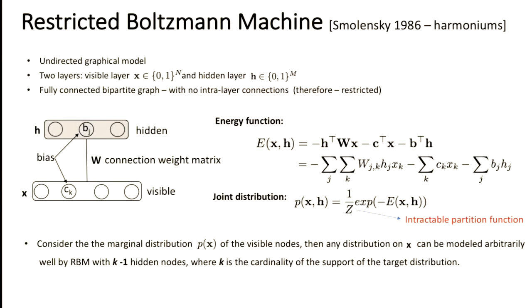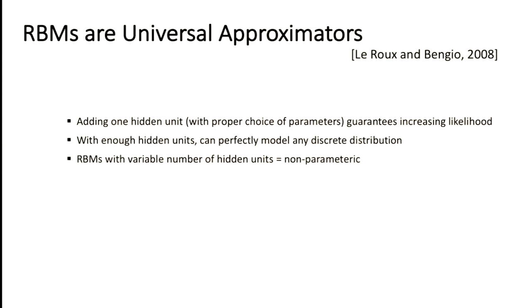And for the model-dependent expectation, we will still have to use some form of approximation, and we'll see what that is. Okay. It also turns out from the early works that restricted Boltzmann machines are essentially universal approximators. If you add a single hidden unit, you essentially guarantee increasing the log likelihood of your data.